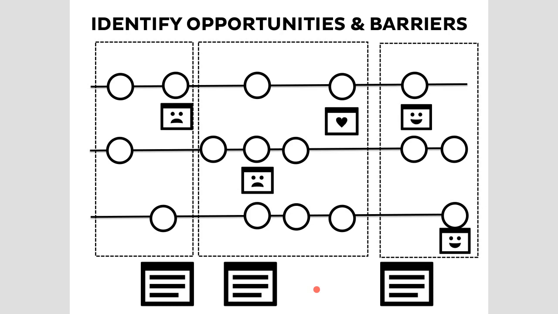And then from that, you can start to identify opportunities and barriers. It can be really helpful to actually put those inside your learner journey map as well. Because you want to keep it as a living document. You want to keep it as something that gives everybody who's involved in the design and delivery of that course or that experience the same thing to aspire to.